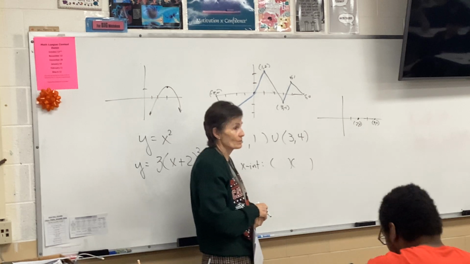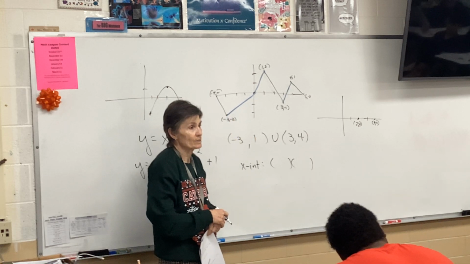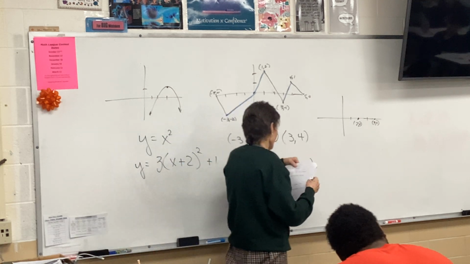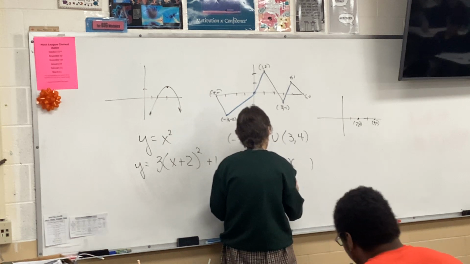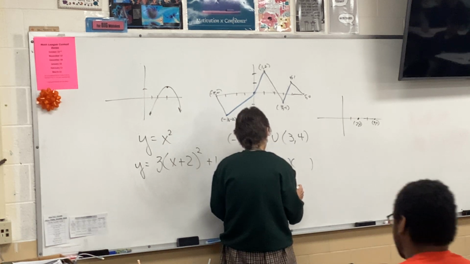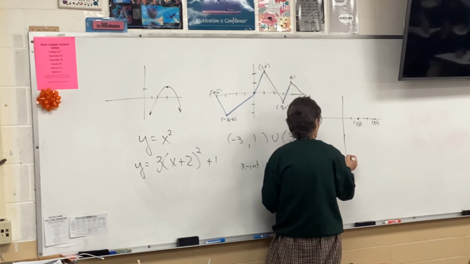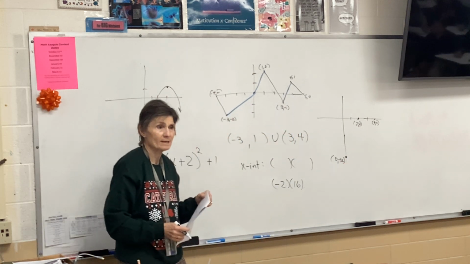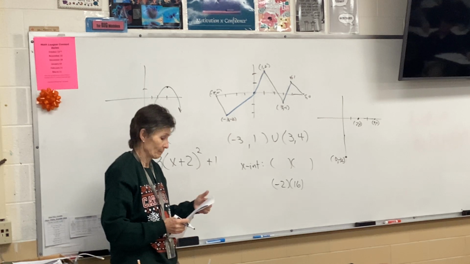Where's the y-intercept? I don't know. How do I find a y-intercept? I put 0 in for x. So if I put 0 in for x, I get -32. Did you get -32 for your y-intercept?